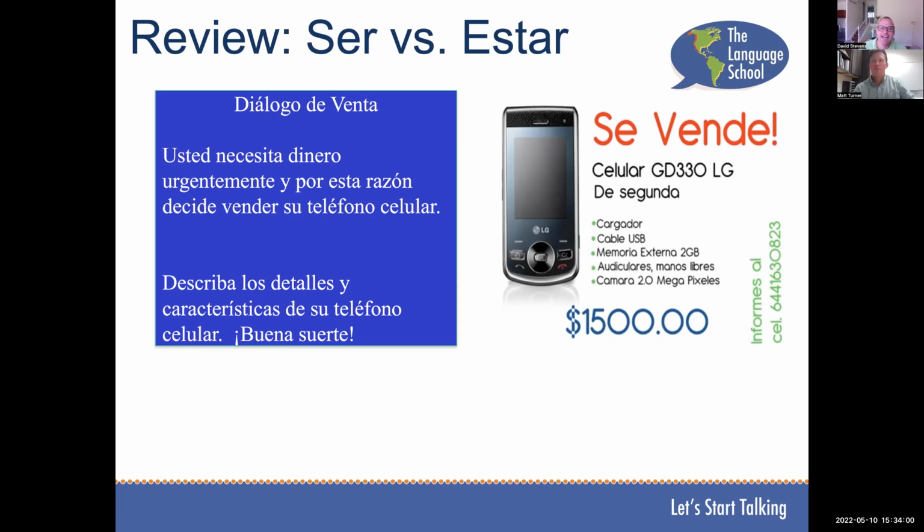Bueno, la cámara saca fotos muy buenas. La cámara saca. Así, la cámara saca fotos muy buenas.